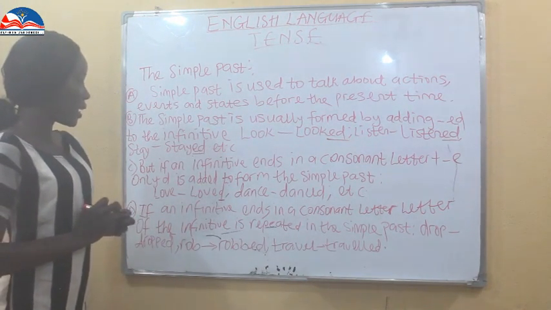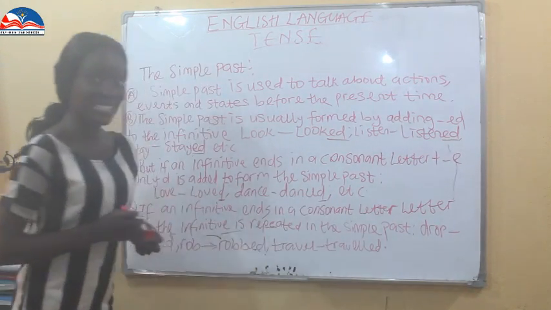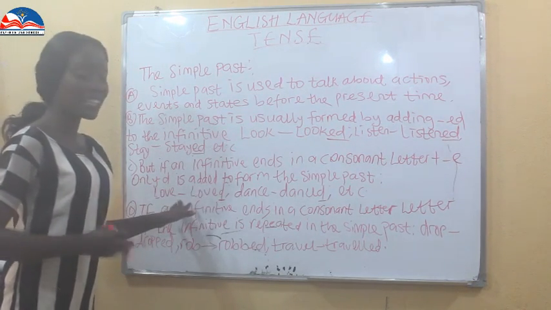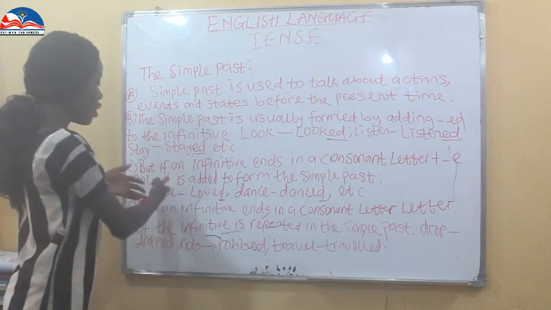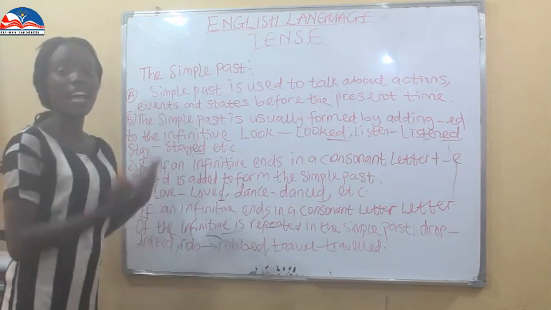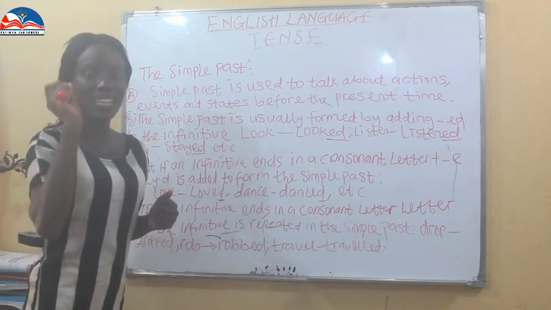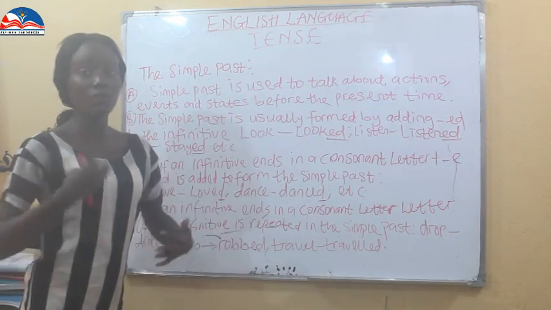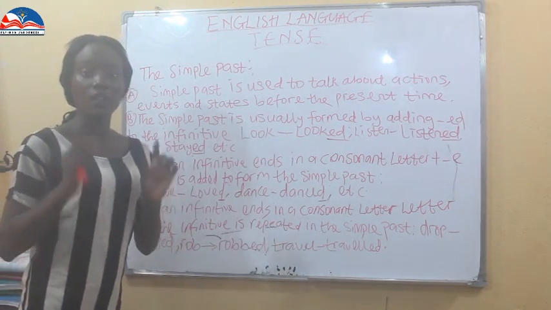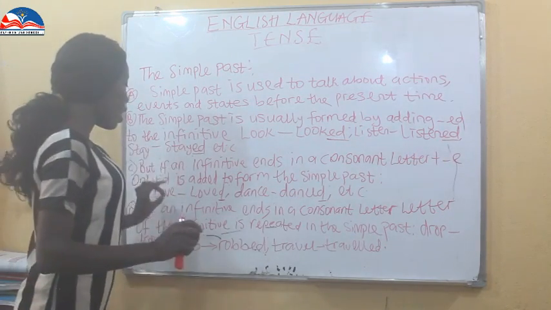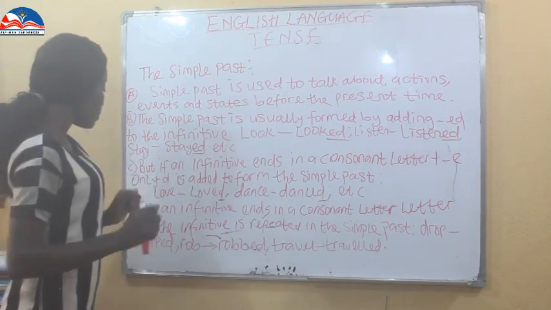We have dance, danced. So in the English language we have some words ending with e, and having the past form just with the addition of d. Love, loved. Dance, danced.